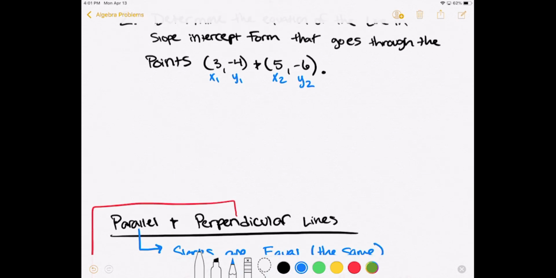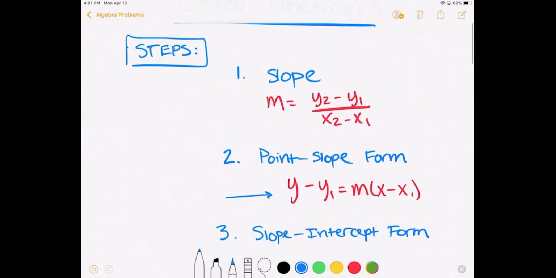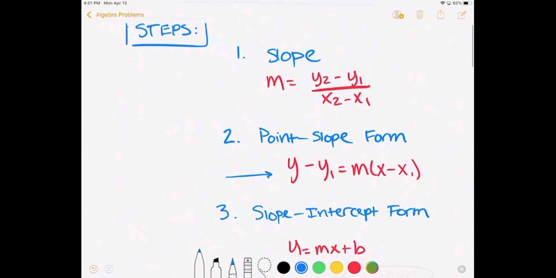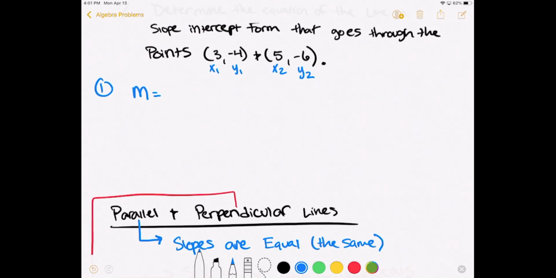So it doesn't give us the slope, so that's where I start. I've got to go find it. I labeled these 2 points because this is our slope equation up here, right? y2 minus y1 over x2 minus x1. So in my case, y2 is negative 6 minus a negative 4 over 5 minus 3.